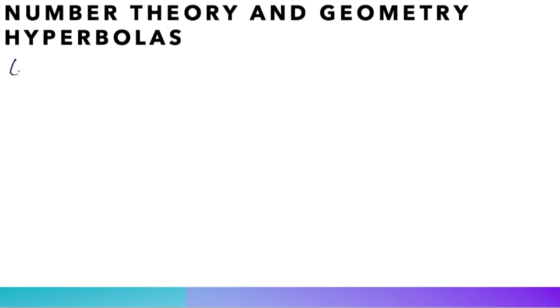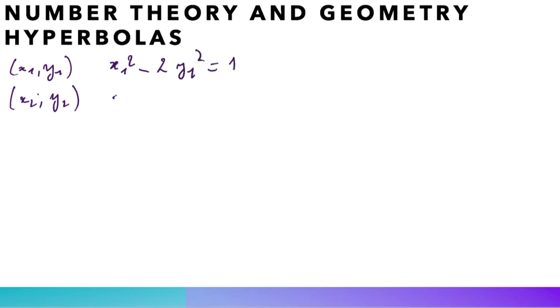Indeed, if x1, y1 is a solution to our equation and x2, y2 is another solution of our equation, we know that x1 squared minus 2 y1 squared is equal to 1, and x2 squared minus 2 y2 squared is also equal to 1.